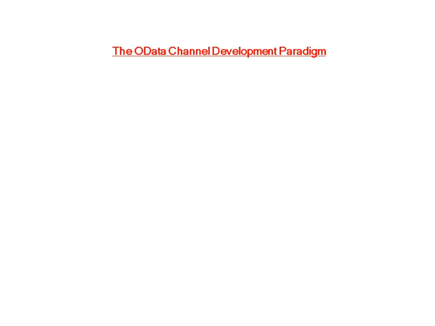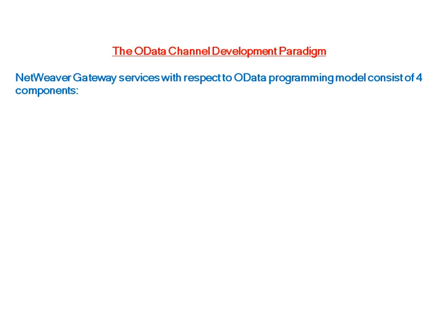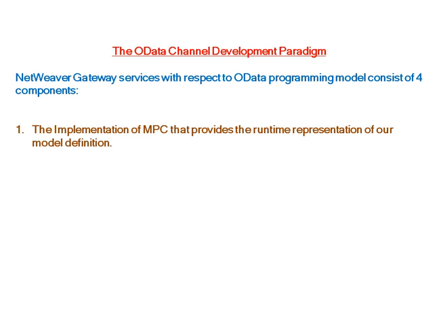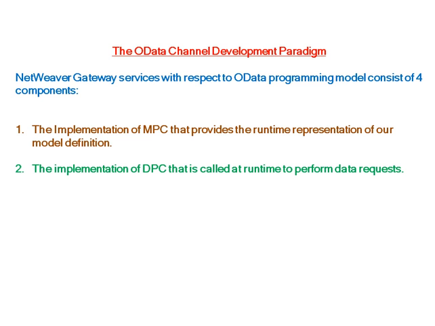The OData channel development paradigm. NetWeaver Gateway services with respect to the OData programming model consist of four components. The implementation of MPC that provides the runtime representation of our model definition. The implementation of DPC that is called at runtime to perform data requests.